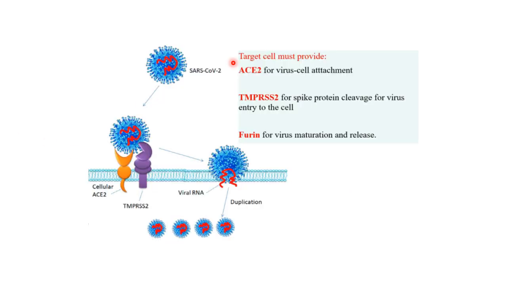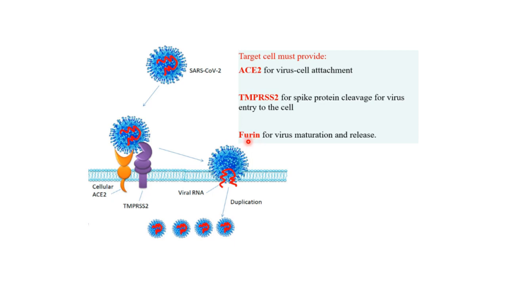For the virus to infect the cell, the target cell must provide ACE2 for virus cell attachment and TMPRSS2 for spike protein cleavage for virus entry to the cell. There is also a further requirement that cell provides furin. This happens at a later stage after the virus has gone through its replication and is ready to be released from the cell.